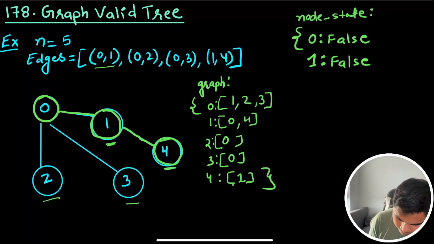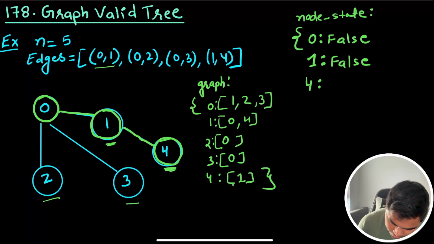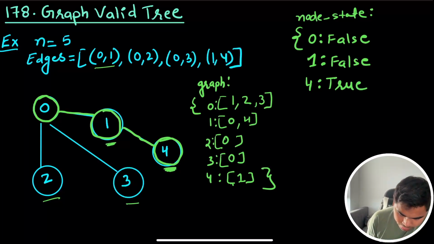While visiting 4, I will mark 4 as false, and then I'll try to explore all the neighbors of 4. Well, 4 does not have any neighbors, so I'll change this state to true. Now this is marked true.